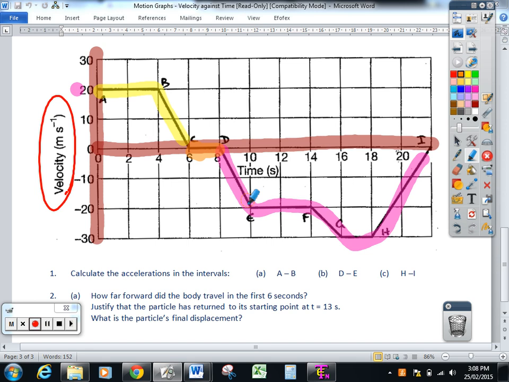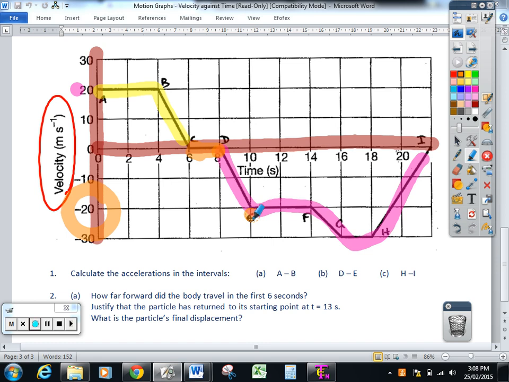Even though it's travelling backward, at time equaling 10 seconds, it's travelling at minus 20 metres per second. It's got faster, hasn't it? It used to be 0, it used to be stopped. Now at E, it's travelling at 20 metres per second. But which direction is it doing it? That way. Okay?